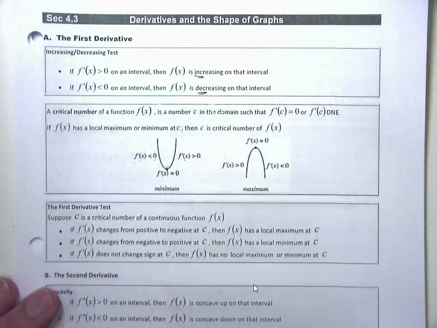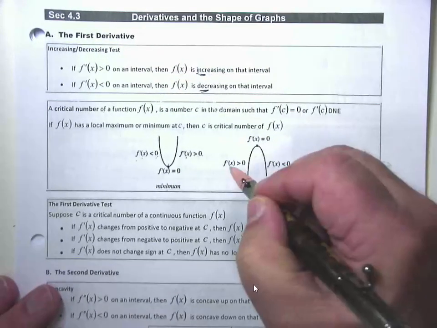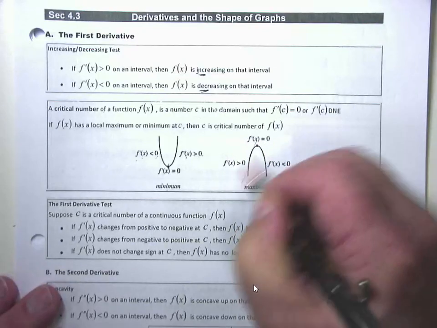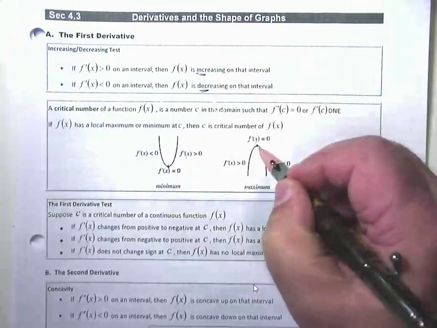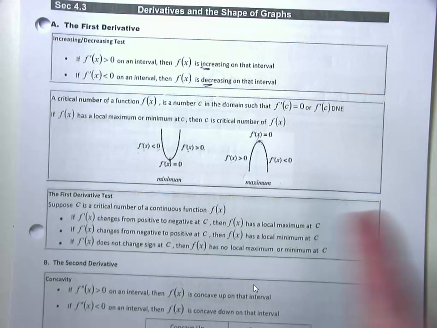That gives you minimums. And for maximums, you got to go up, then you got to go back down again. To go up, the derivative has to be greater than 0. It means I'm increasing. I hit my critical point, and then I'm decreasing. So the relationship between the derivatives around your critical point will let you know what kind of critical point you have, minimums versus maximums.